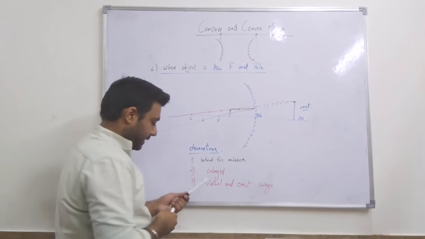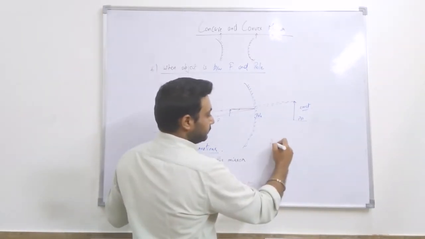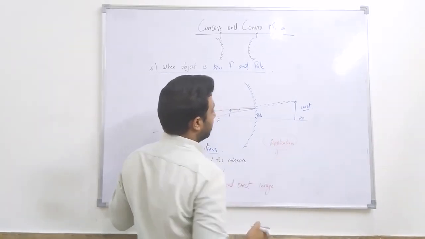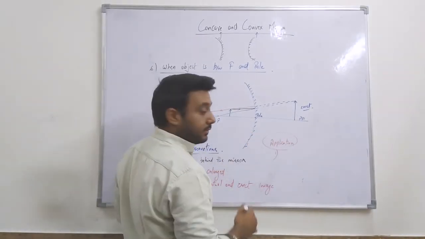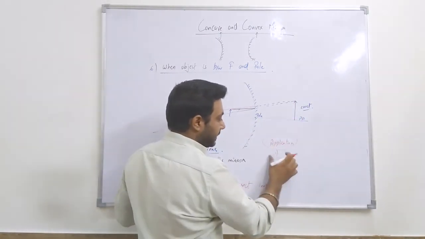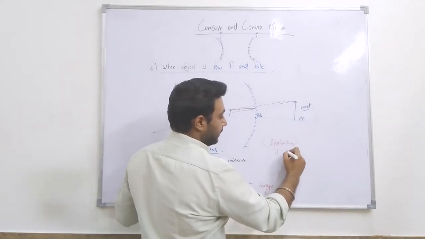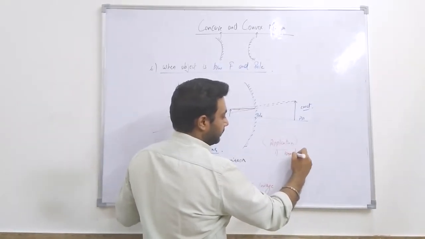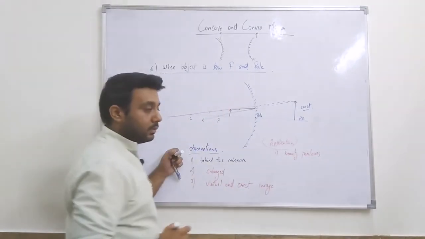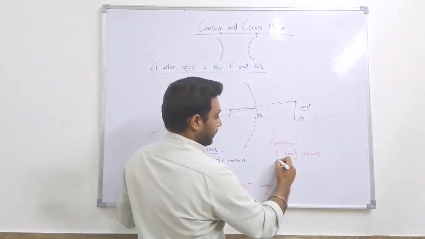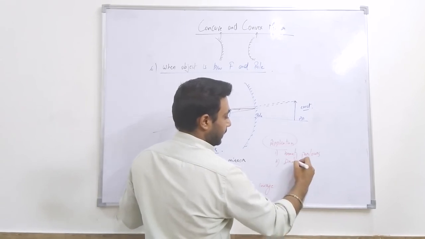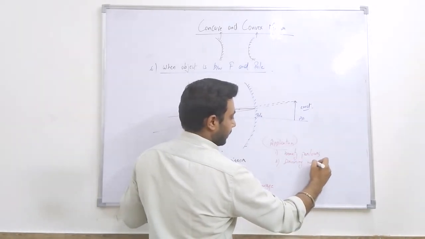What is the application here? The application of this case is that when the object is placed between pole and focus, an enlarged image is formed. In this case, you can say in beauty parlors, okay, or you can say in dressing mirrors.